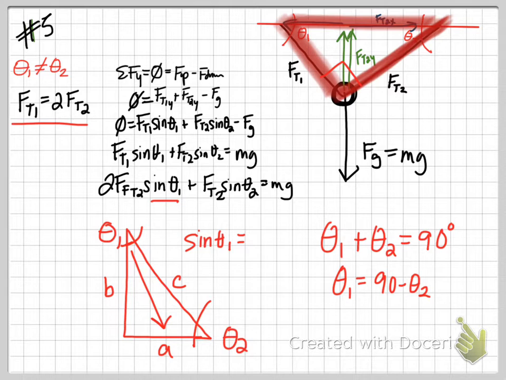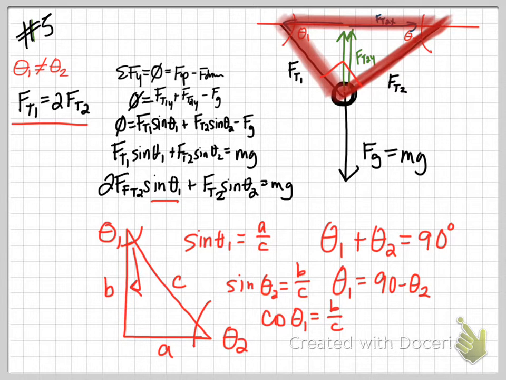Sine theta 1 is A over C. Yeah? Sine theta 2 is B over C. Cosine theta 1 is B over C. Cosine theta 2 is A over C. Oh, look at that.